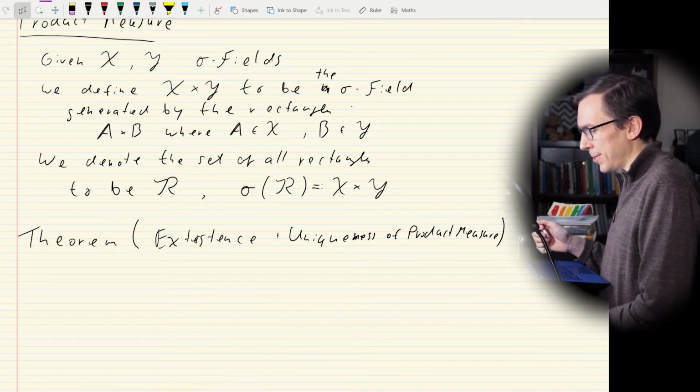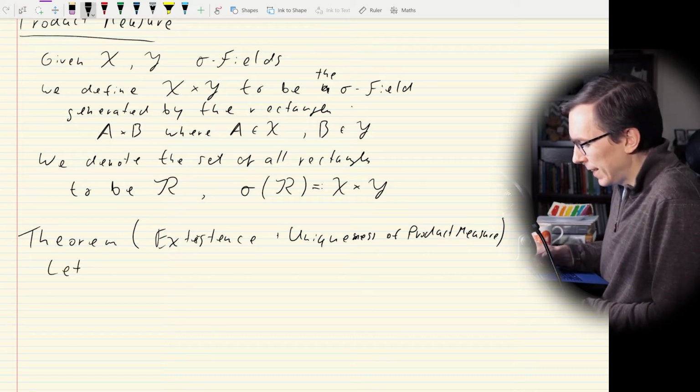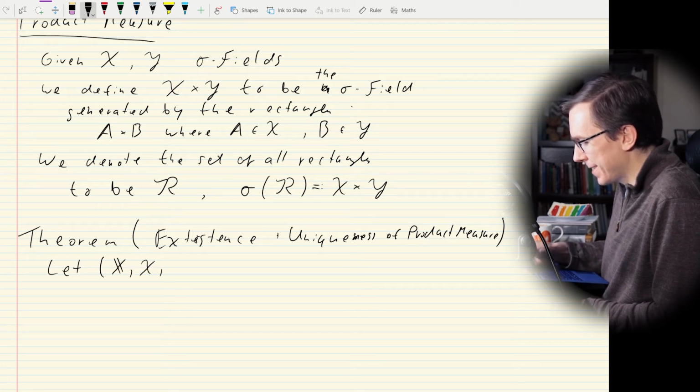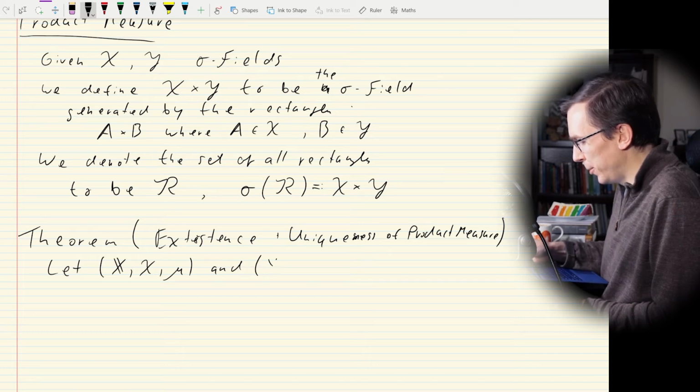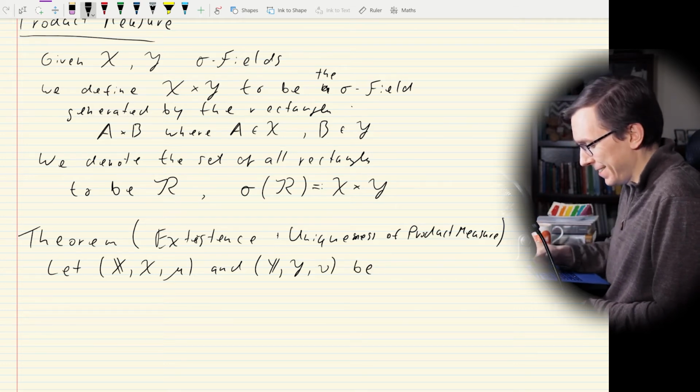Let bold X, script X, mu, and bold Y, script Y, nu, be sigma finite measure spaces.